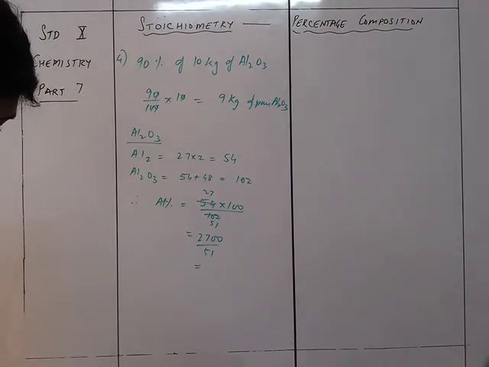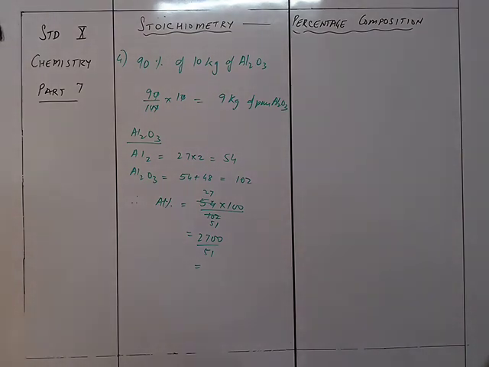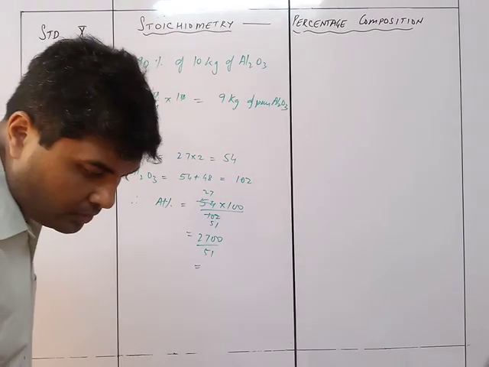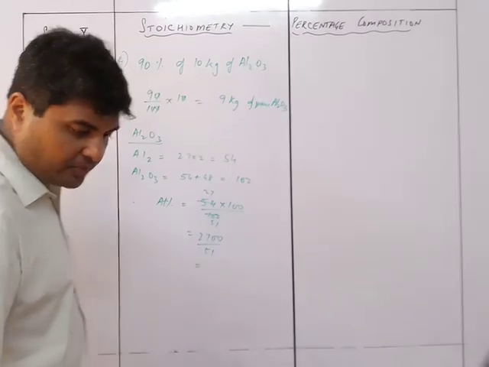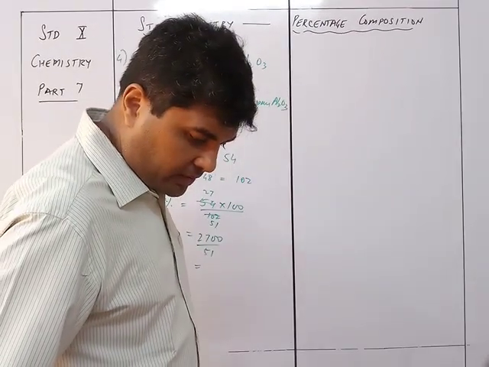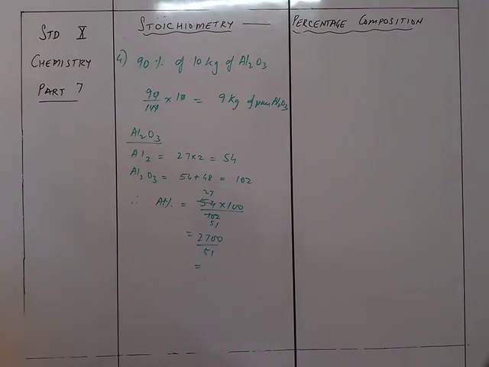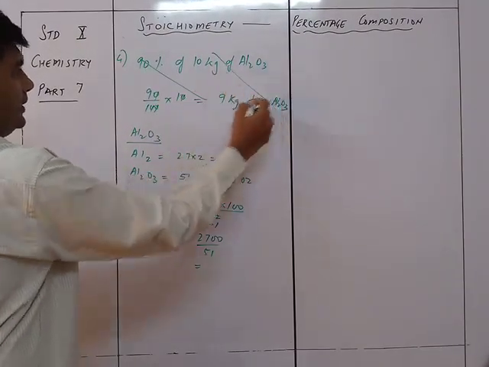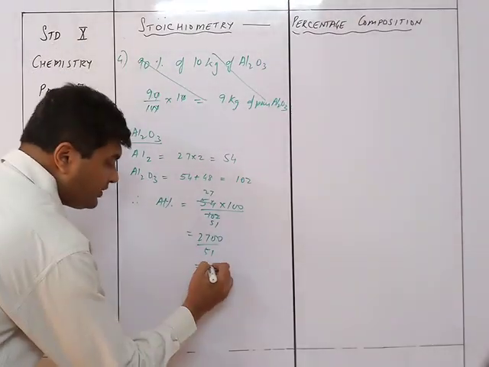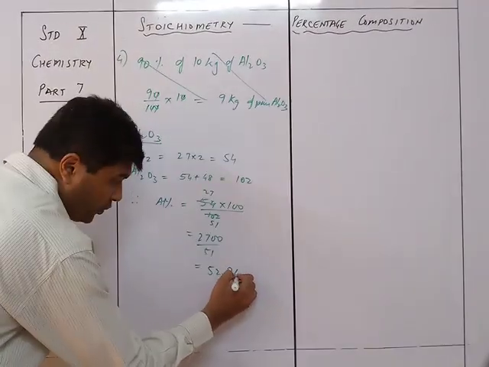2700 divided by 51, that gives you 52 point. Okay, but this is for pure thing, but it has got 90% purity. If it is 100% purity, this part is not required. 100% purity will give you 52.94%.